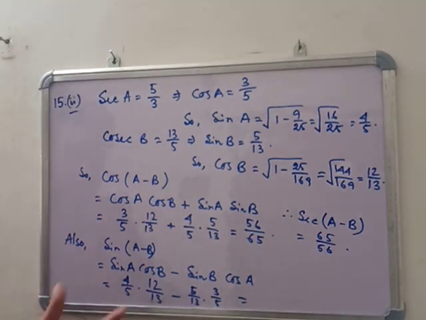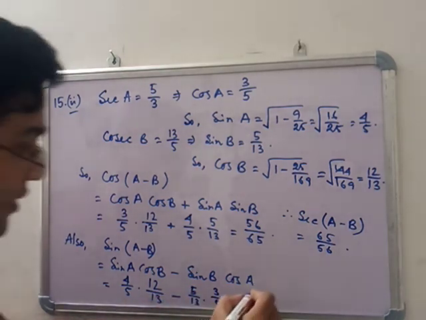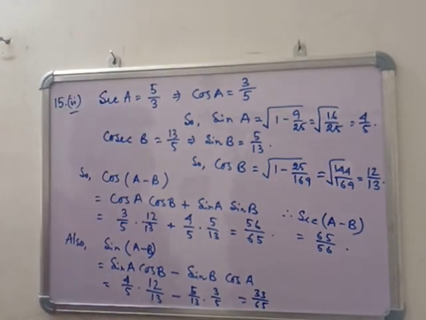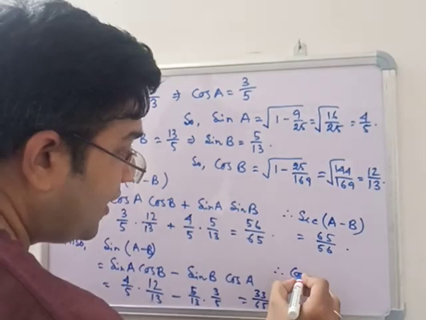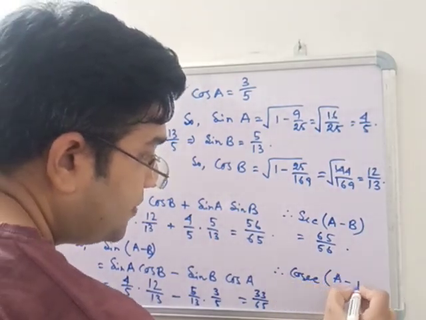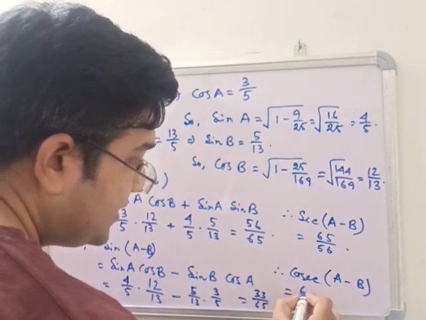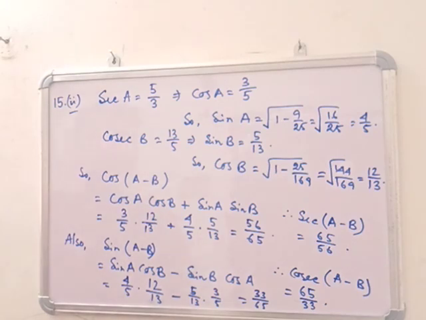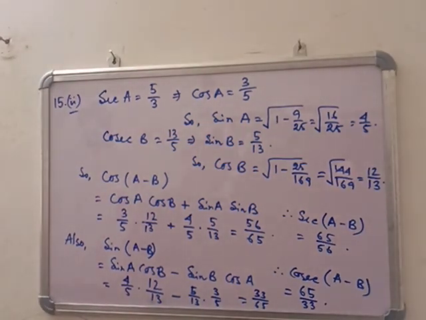If we multiply, we get 4 into 12, that means 48 by 65 minus 15 by 65. So that means 33 by 65, sin of A minus B. So we can write cosec A minus B equals 65 by 33, because cosec equals 1 by sin. Okay. So these are the answers.